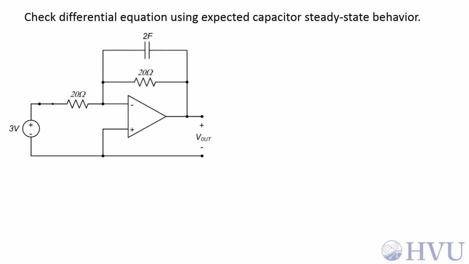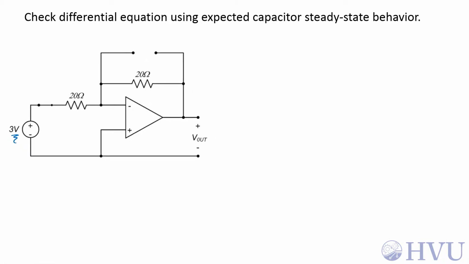As t goes to infinity, our input's constant. If everything's constant in the circuit, the capacitor looks like an open circuit, and our circuit will look like this. So we have no current going through here as t goes to infinity. Now, let's do our same analysis. If I still choose this as our 0-volt reference, this is 0 volts, this is 0 volts.